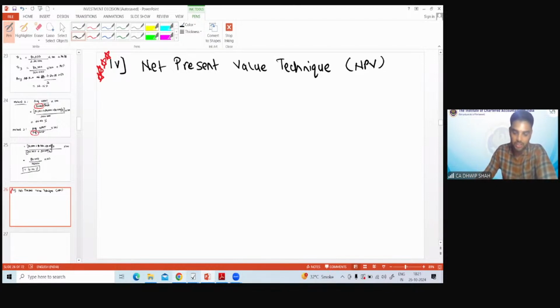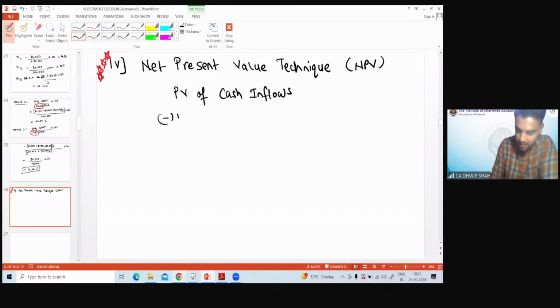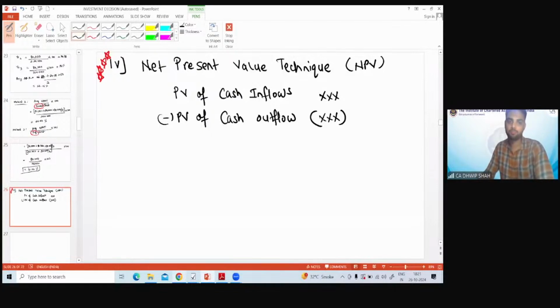Okay? Yesterday, we had a broad insight about this technique. We know NPV is nothing but present value of cash inflows less present value of cash outflows. This is the formula of the NPV technique. You calculate the present value for all the inflows.